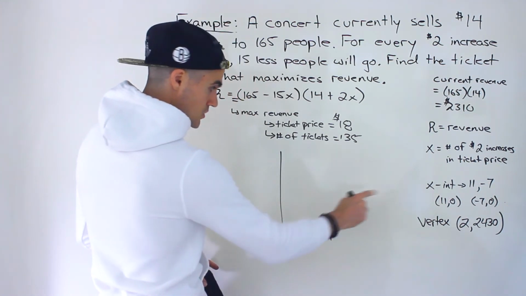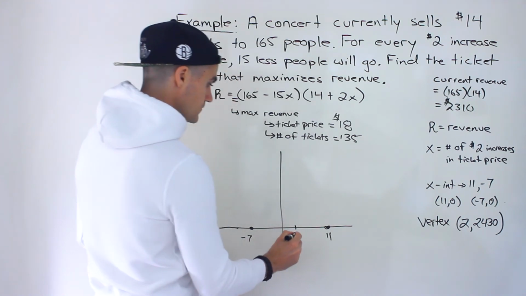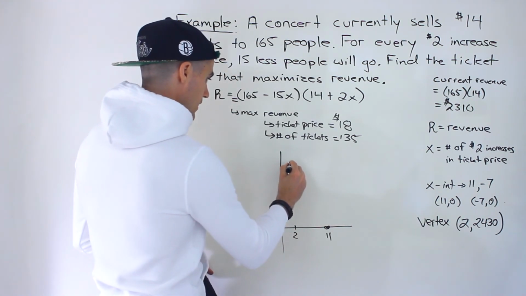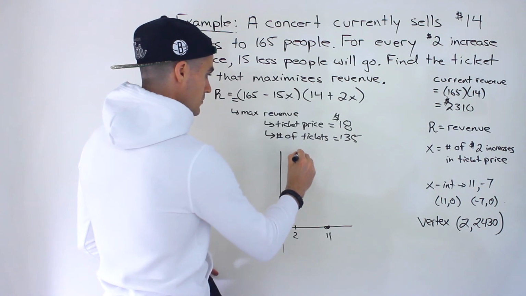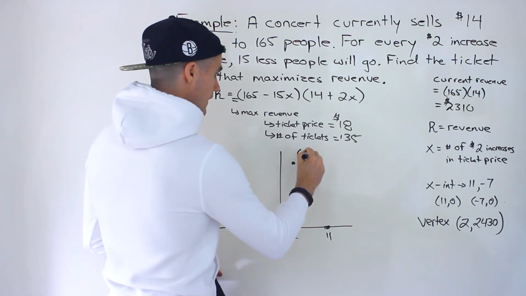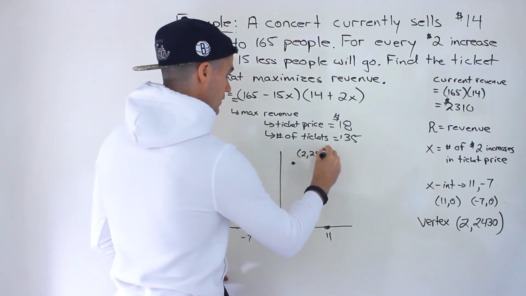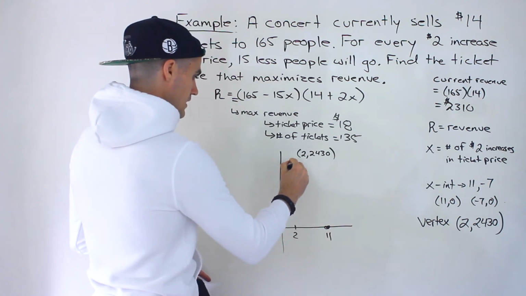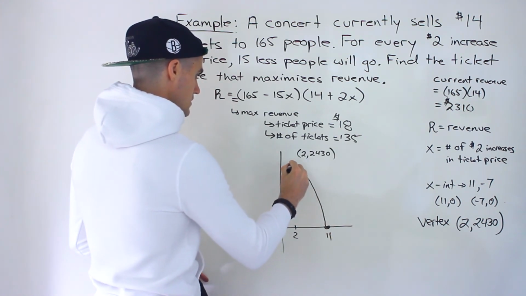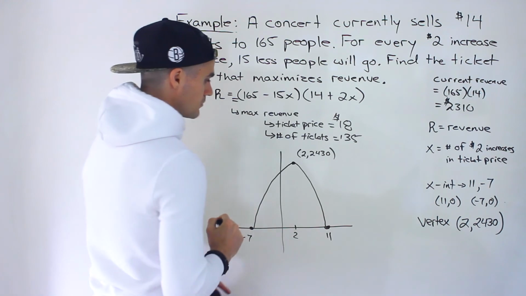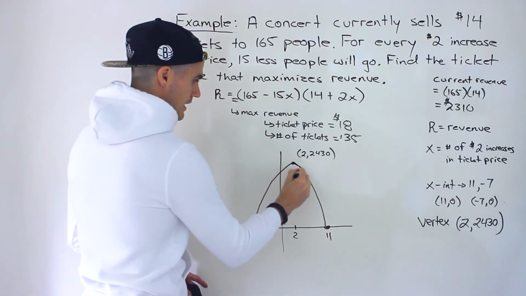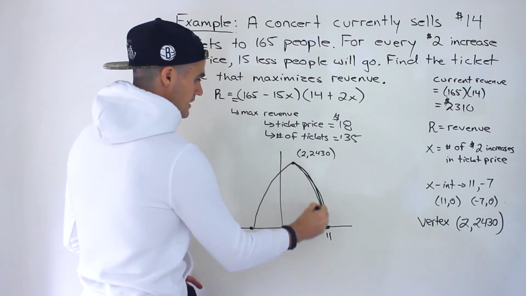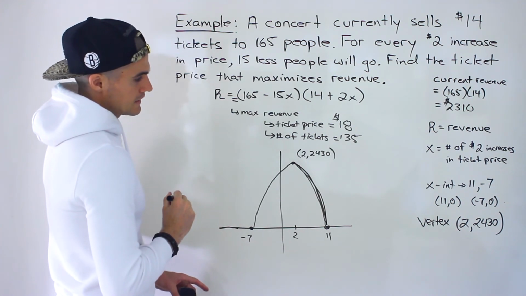The axis of symmetry is happening at an x value of 2, and then we'd have a maximum point there. So 2 and then 2,430, like that, right? And so if we join these, we'd end up getting a parabola that looks like that. Not necessarily to scale or the nicest looking parabola, but that's how it looks.